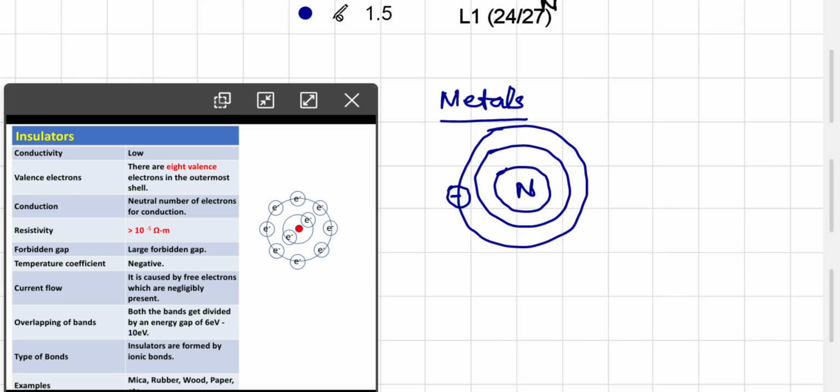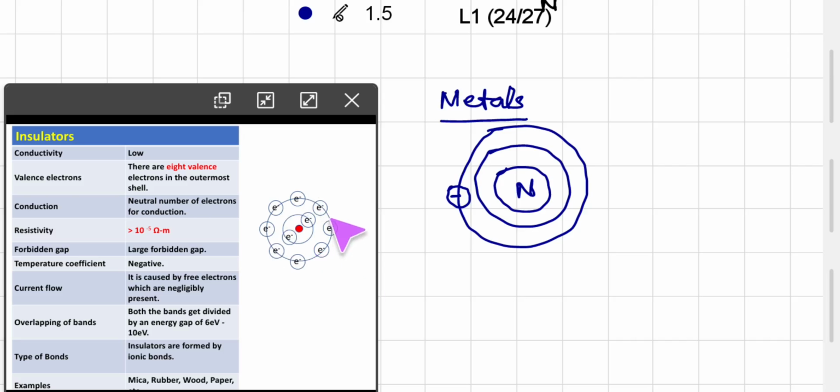In some materials, there are 8 electrons in the outer shell, and we know that if there are 8 electrons in the outer shell, that atom is very stable and does not give an electron outside easily, or accept an electron from outside.